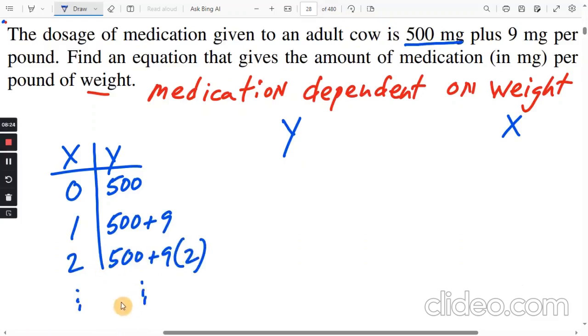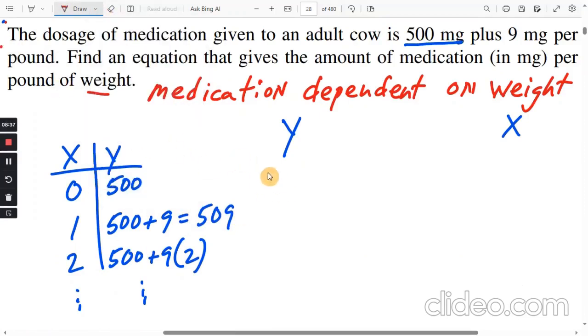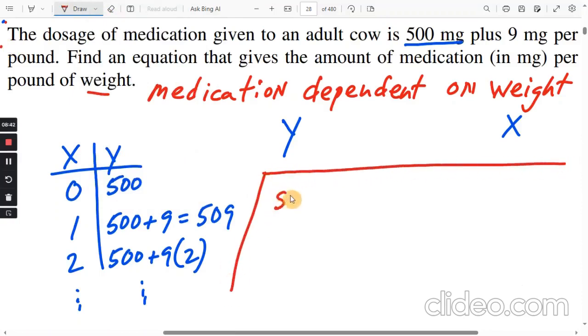But we only need 2 points. Okay, so I'll just use 0 and 1. 500 plus 9 is going to give us 509. All right, so we can easily find the slope. We know that the slope is change in y over change in x. And the change in y is going to be 509 minus 500.